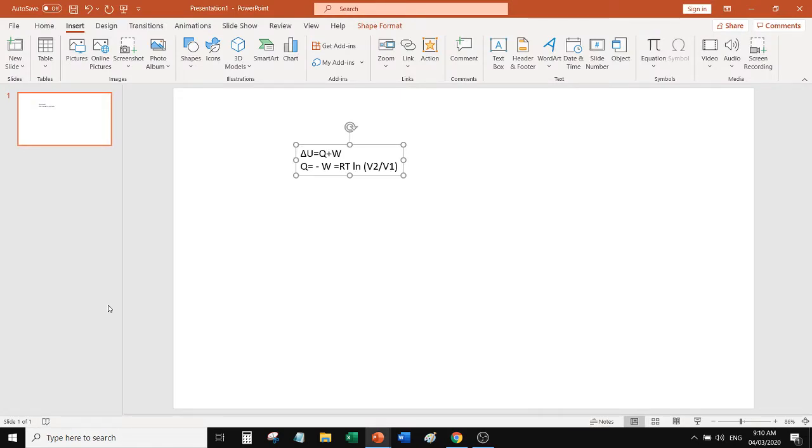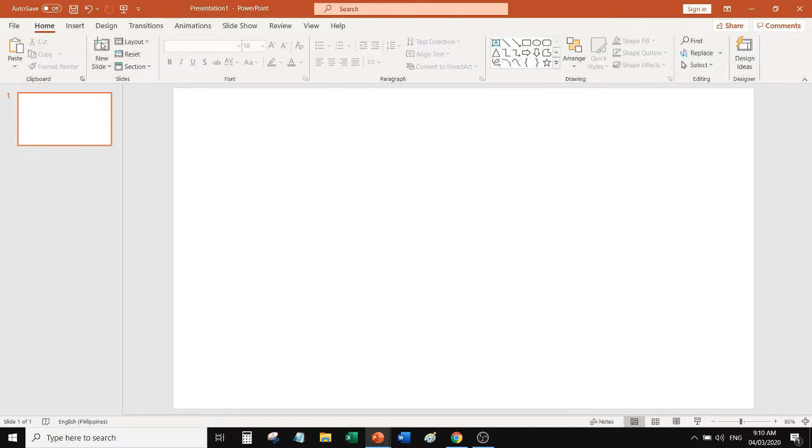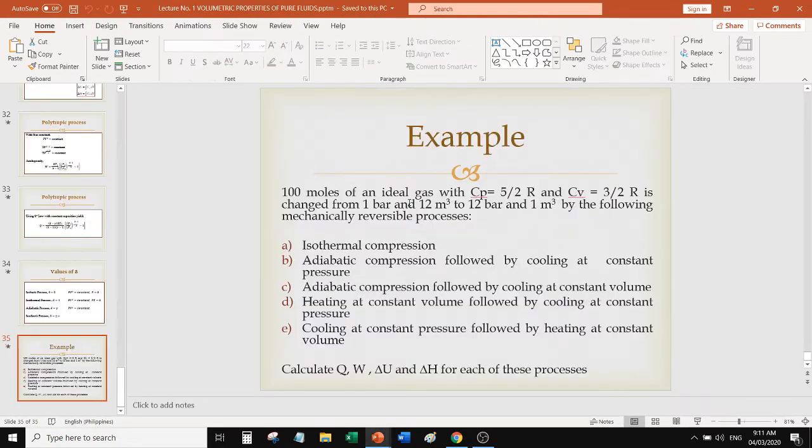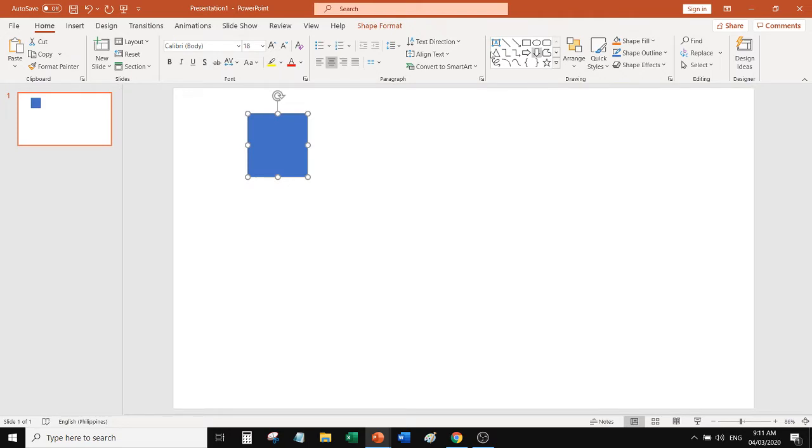Okay, let's draw the problem first. Let's assume that this is the closed vessel which contains our ideal gas.